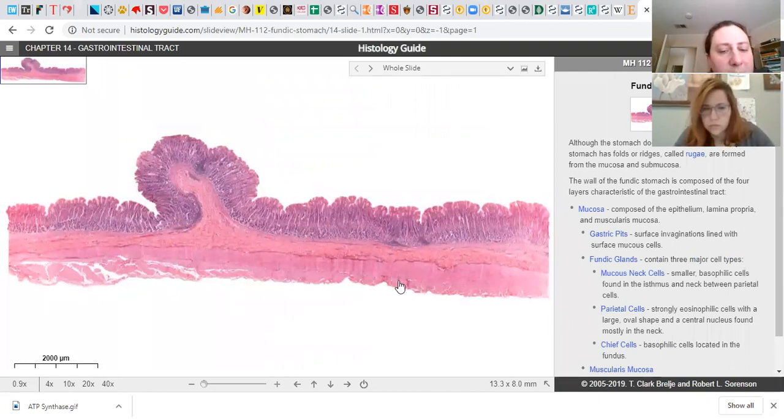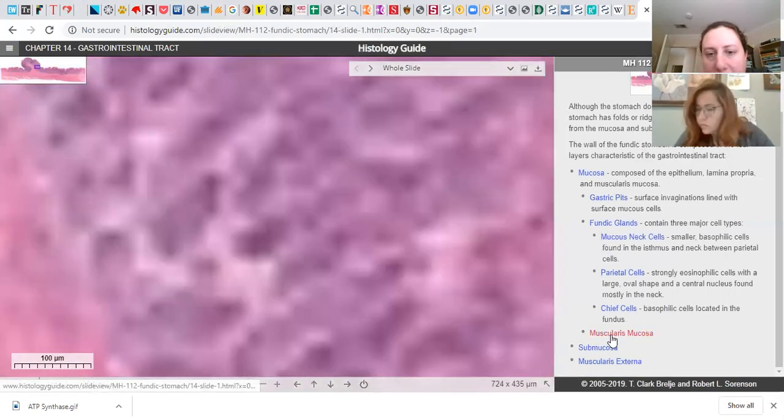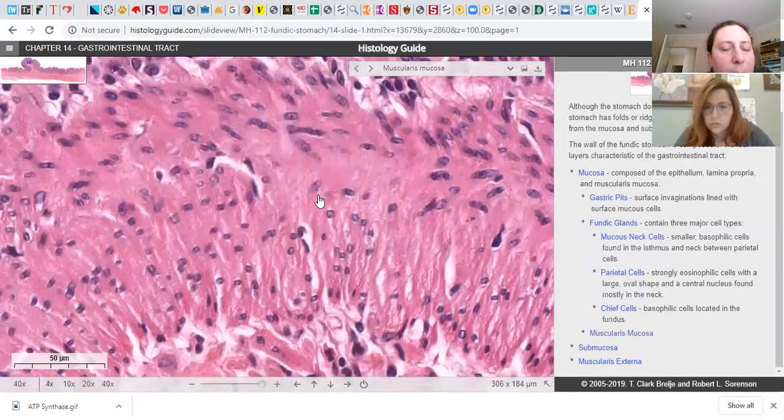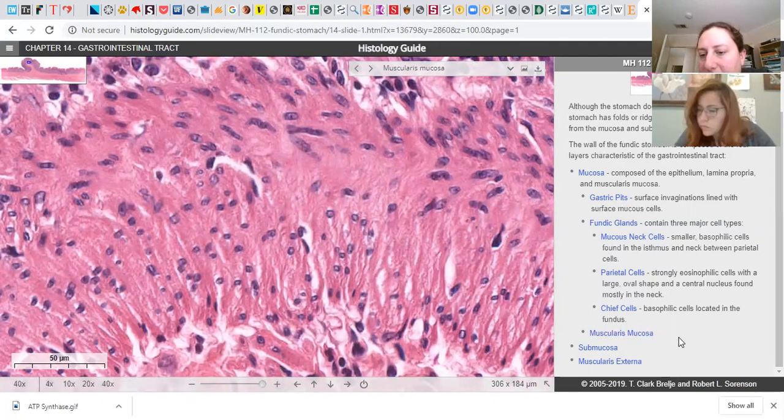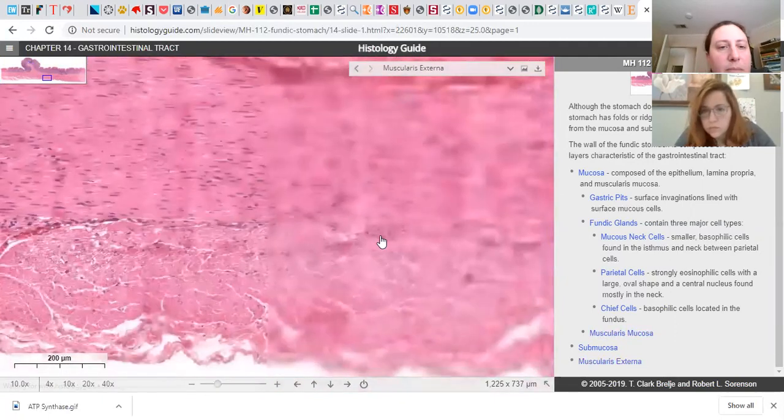So remember when we talk about muscular layers, there is going to be a muscular layer to the epithelium. So there's a muscularis mucosa, and that's part of the mucosal layer. So this is not a whole layer, whereas the muscularis externa is the muscular layer.